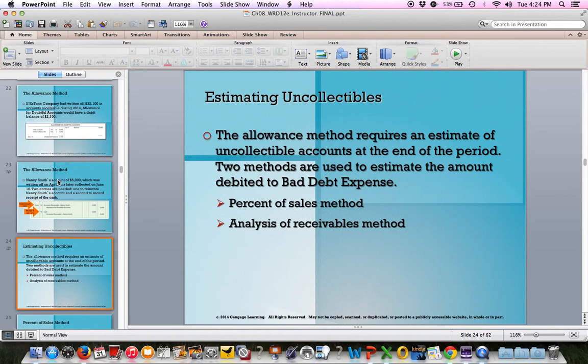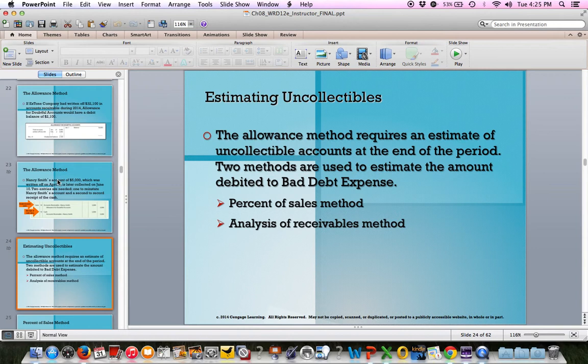We just know that if we sell to our customers on account, it is going to happen that not everybody's going to pay us back. And we have to estimate what that is for the future. The reason the allowance method is the better of the two methods is that it matches revenues earned to expenses incurred in the same accounting period.